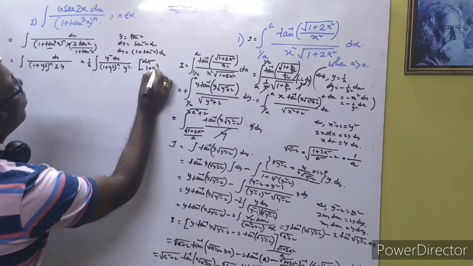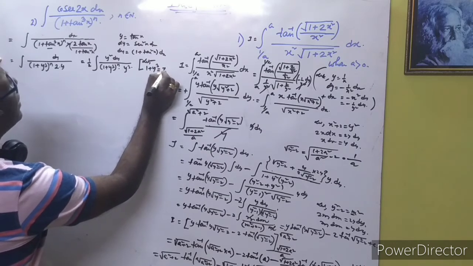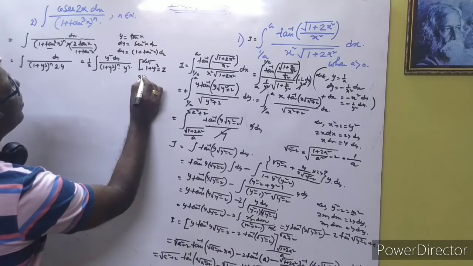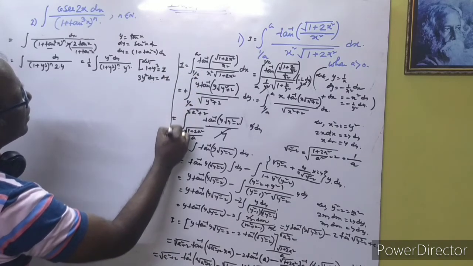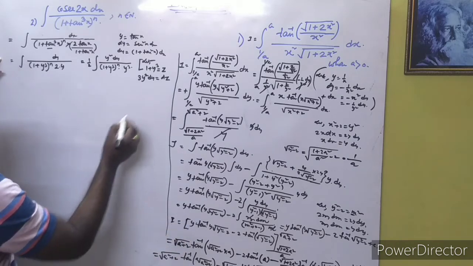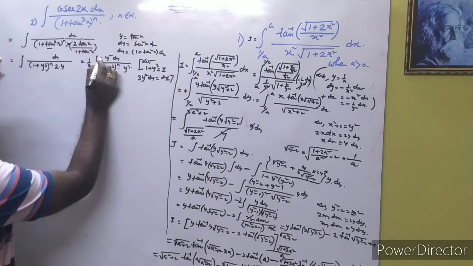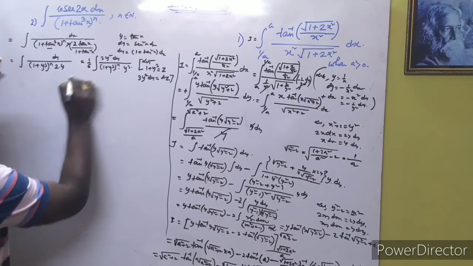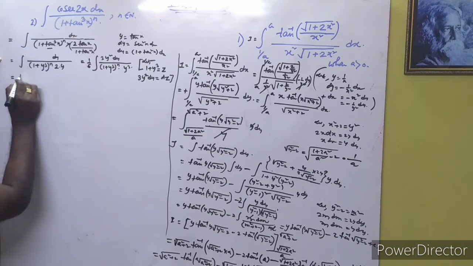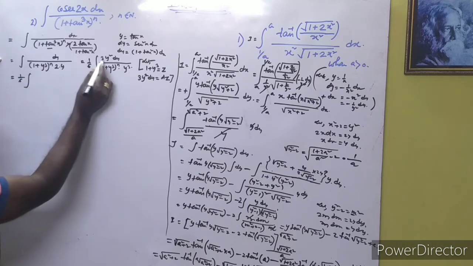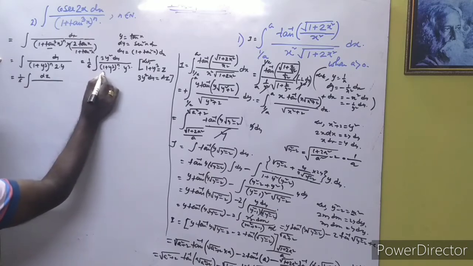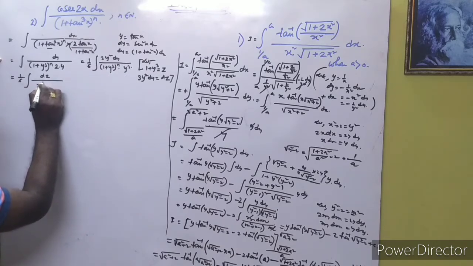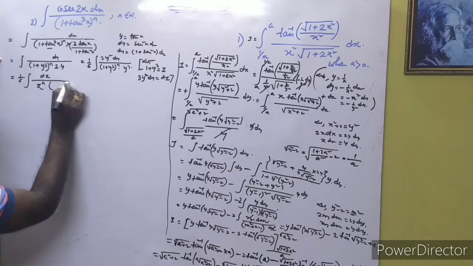Let 1 plus y cube as z, so 3y square dy is dz. Okay, so this is 3 here, so you can write here as 1 by 6. So this is 1 by 6, 3y square dy, that is dz, and see 1 plus y cube as z to the power n, y cube as z minus 1.